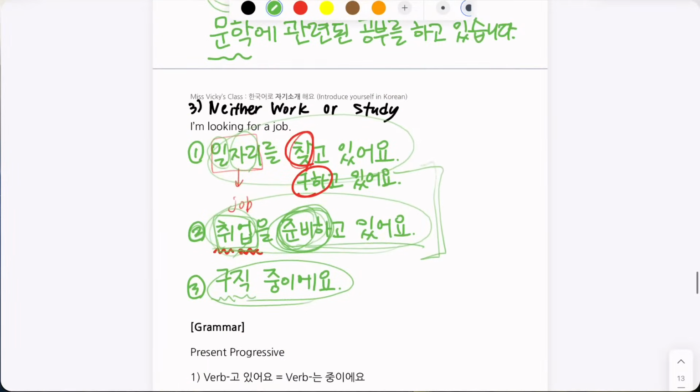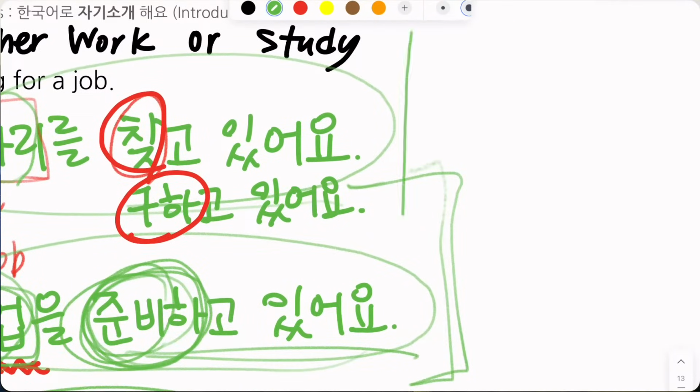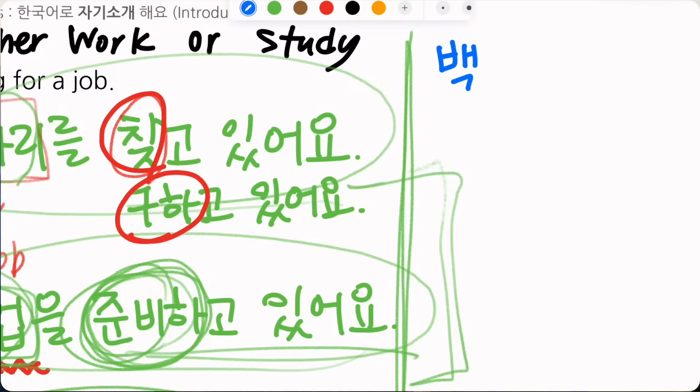그리고 조금 재미있는 표현 알려드릴까요, 여러분? I'll teach you guys kind of a fun way to say like you don't have a job. 일단은 so in Korean there's this word for unemployed person which is 백수. So if you say 저는 백수입니다, it means you're unemployed.